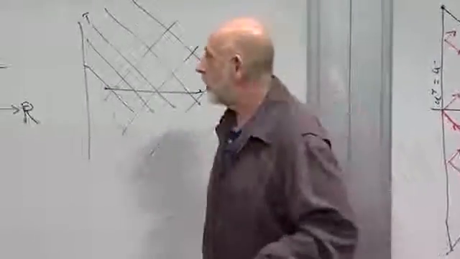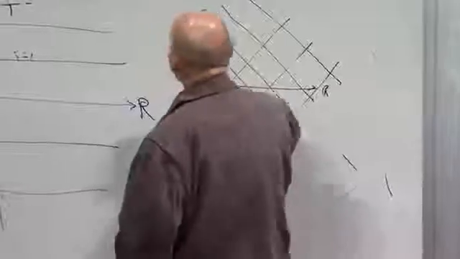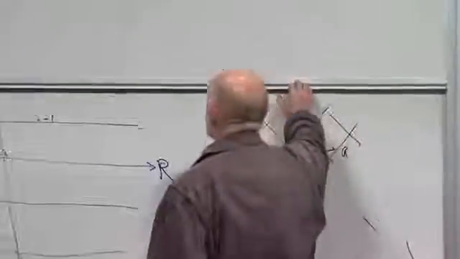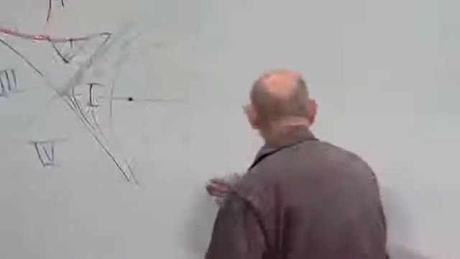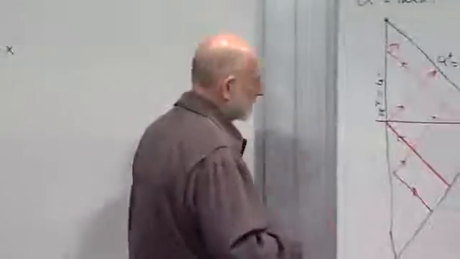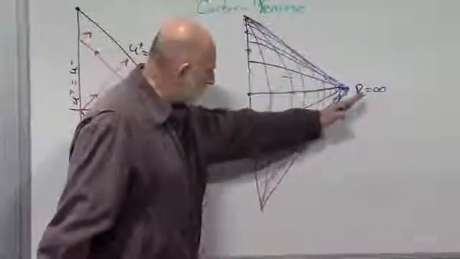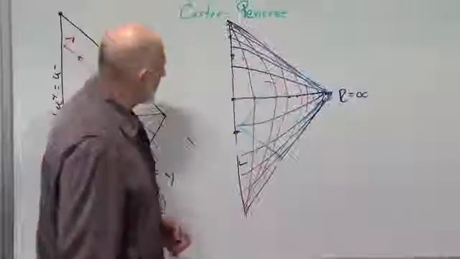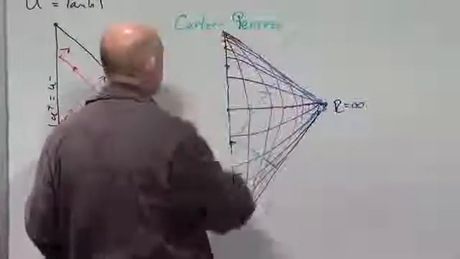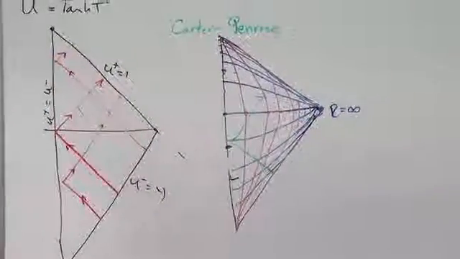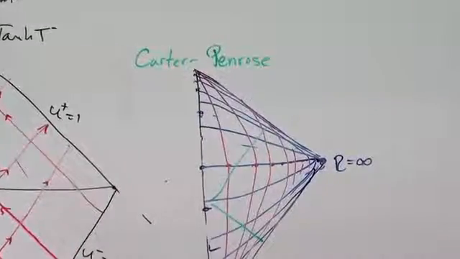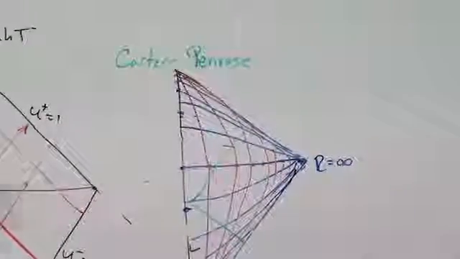Now, the question is, supposing you took the black hole. Here's the black hole geometry. Let's put some names on points. This is called spatial infinity, or r equals infinity. This one up here, what would you call that? That's what you get when you just go vertically upward. That's time equals infinity.